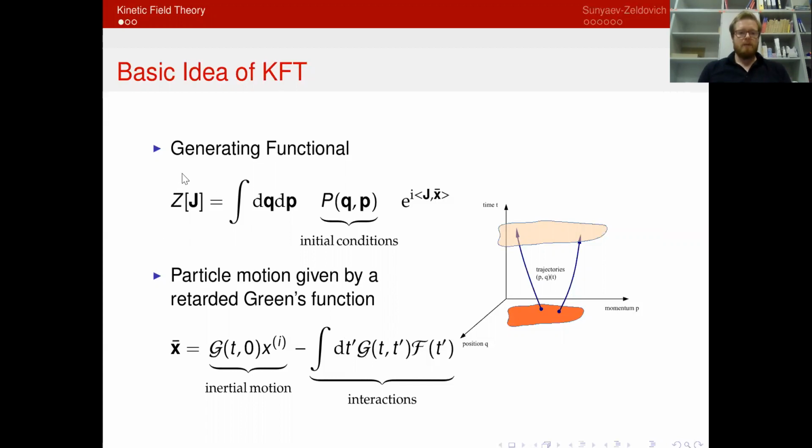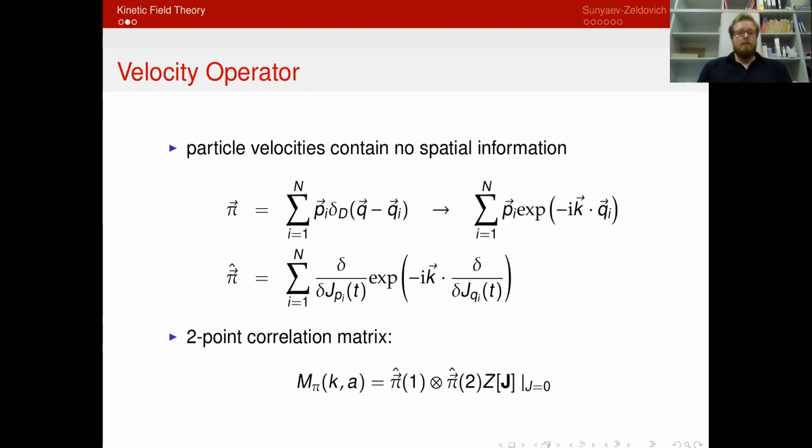The main quantity of this theory is the generating functional, which depends on the source field J, which allows extracting information about the positions of particles and the density, for example. For the velocity field, we have to realize that our basic fields in this theory are the positions and the momenta of each and every particle.